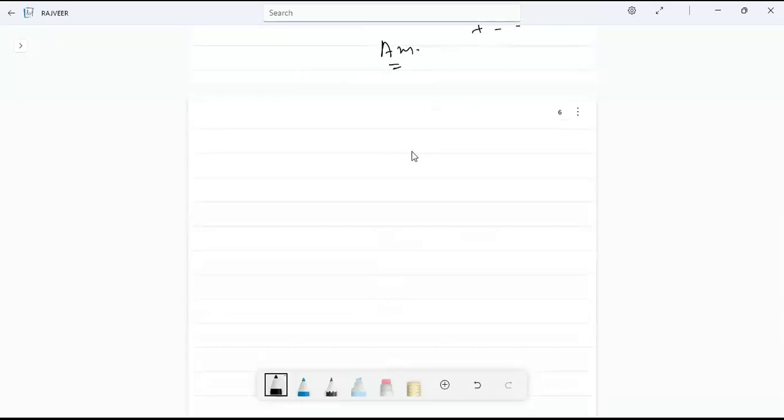This question is really different from the others. Question 26 I am writing over here.